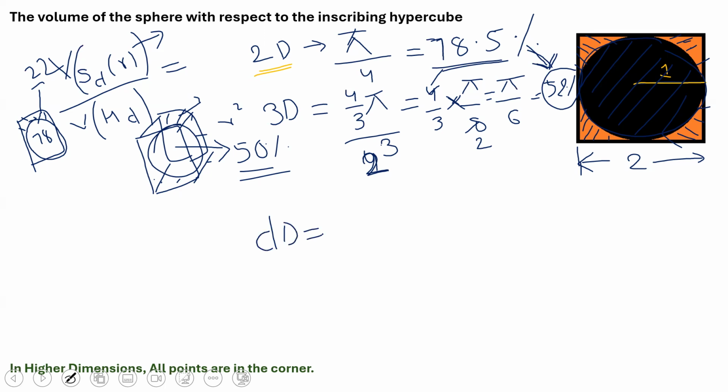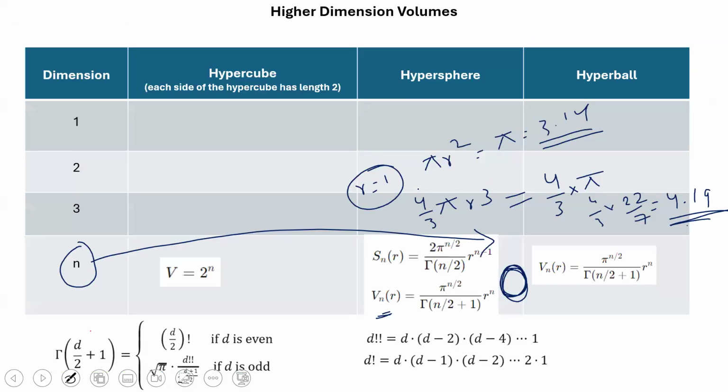Okay, in the D dimension, we have KD, the constant, times R to the power of D, which is the volume. Let's look at these formulas again. What is the volume of a sphere in D dimensions?